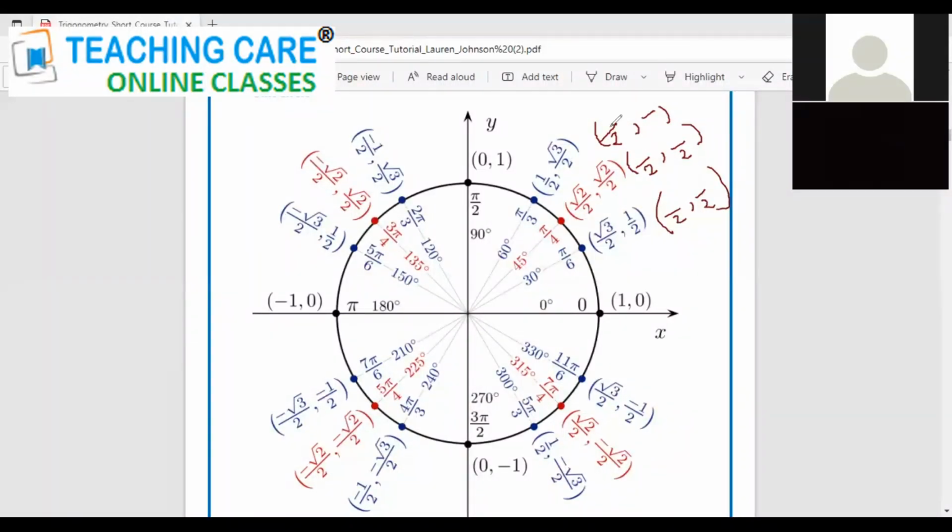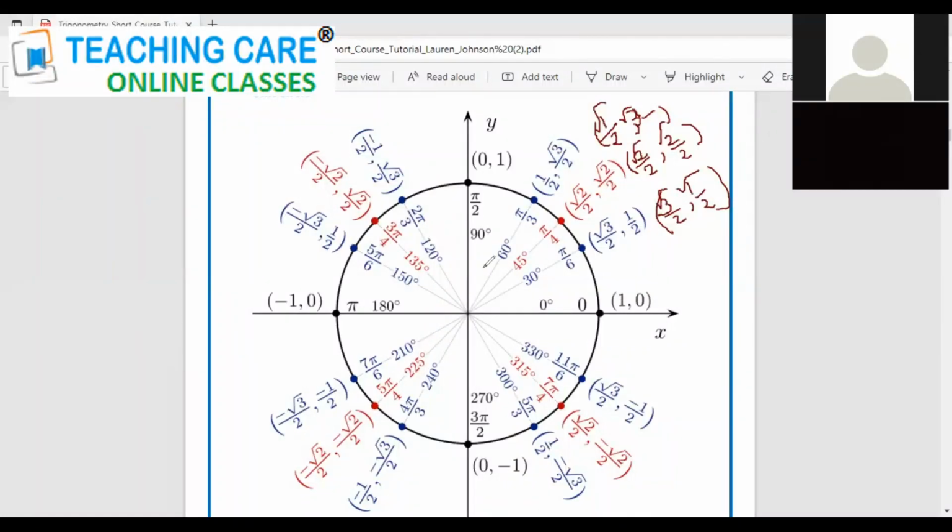Now start from the top: 1, 2, 3. Next, start from this one: 3, 2, 1. Understood? Start giving the square root to each one. So square root of 1 is 1 over 2. In this quadrant, all the values are positive, so we don't have to put signs.